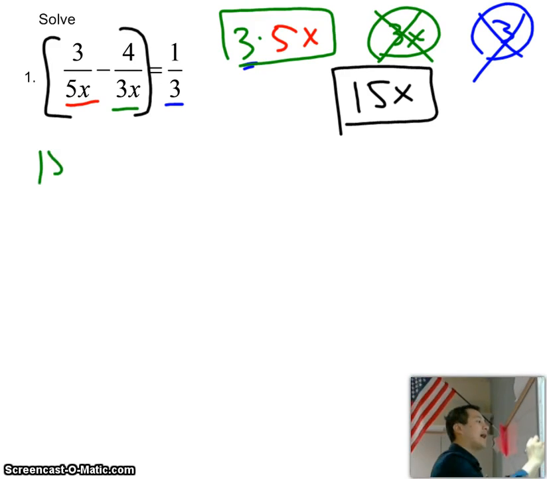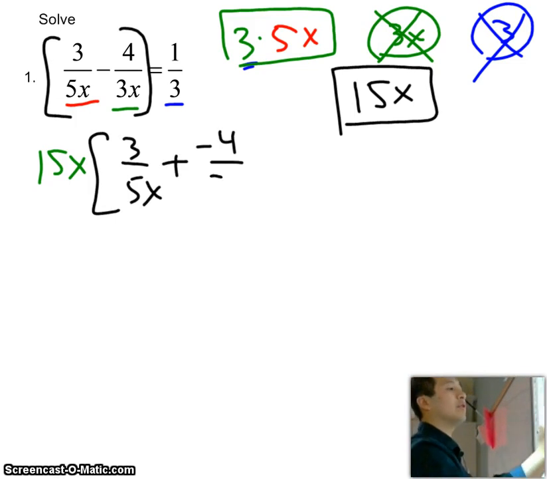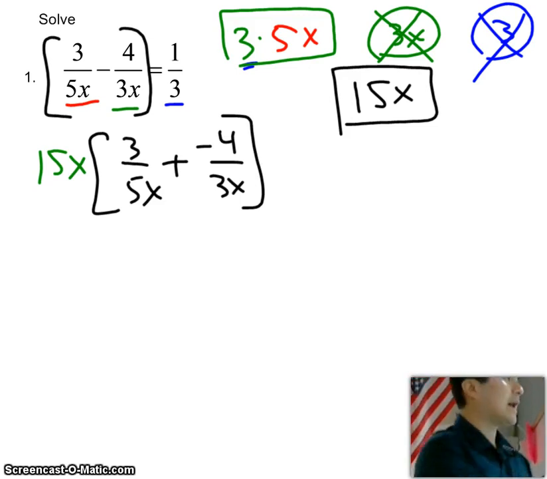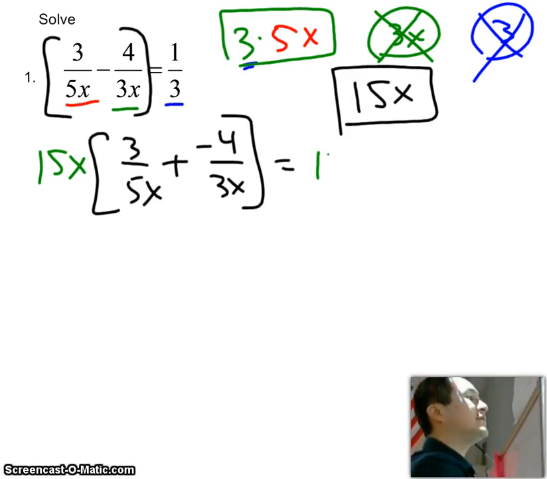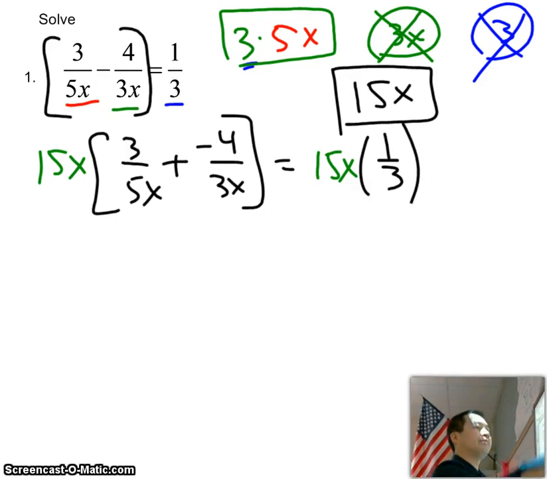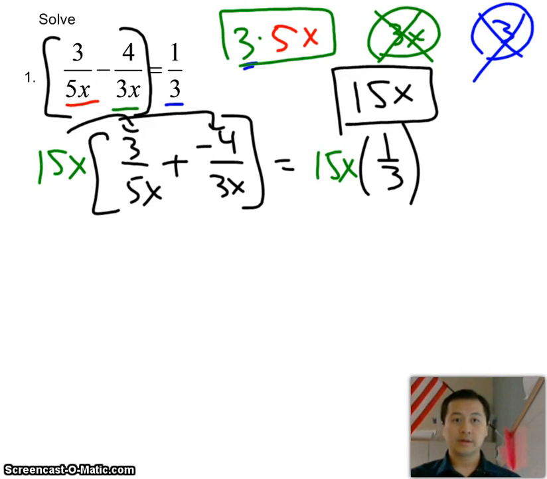I multiply 15x to 3 over 5x plus a negative 4 over 3x. That's one side. The next side, I multiply 15x to 1 over 3. Distribute. Sound good?